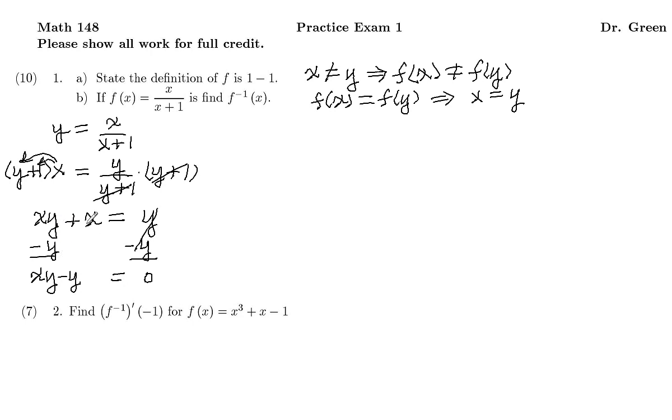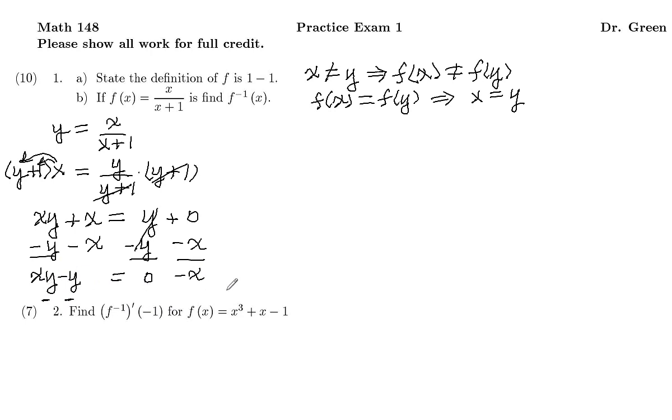Then we also want to bring the x terms over on the right hand side. So let's subtract x on both sides. There's really a 0 here, so that leaves us with a minus x. So we've got xy minus y equals negative x. Now we notice we've got a common factor of y here.